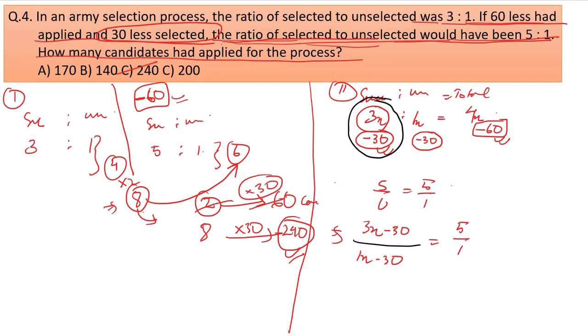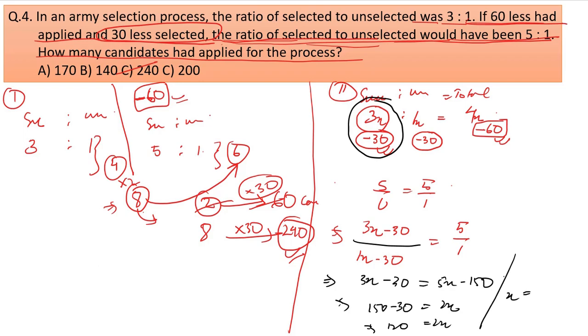So 3x minus 30 equals 5x minus 5 times 30, that is 150. So 150 minus 30 equals 2x, that is 120 equals 2x. Therefore x is equal to 60. The total was 4x, so 4x is 240. Hence option C is correct.